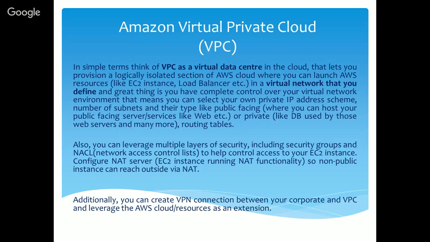So you're not just getting the virtual network, you are also increasing your security. You can leverage multiple layers of security, like the security groups we have used in the past, where you can say who can access and what ports you want to expose. Let's say you want to allow access to port 80. Do I want to allow access to port 443, 22, and so on.